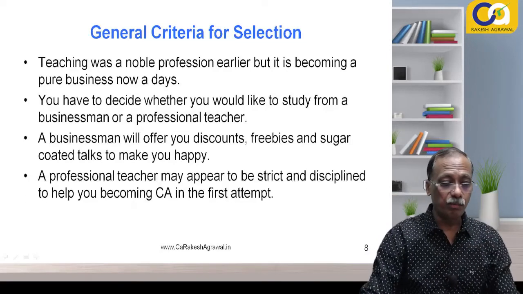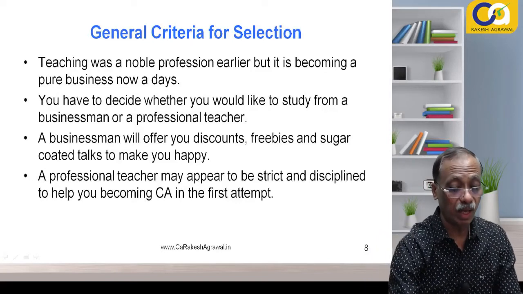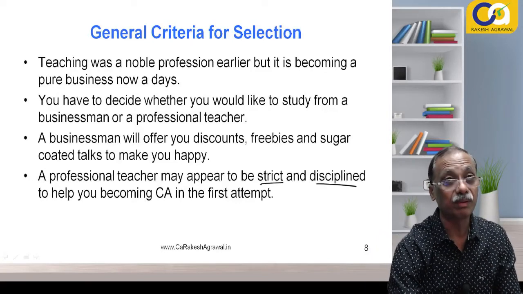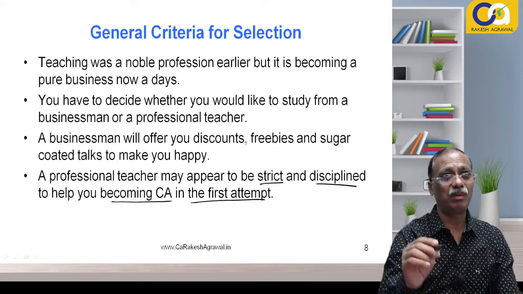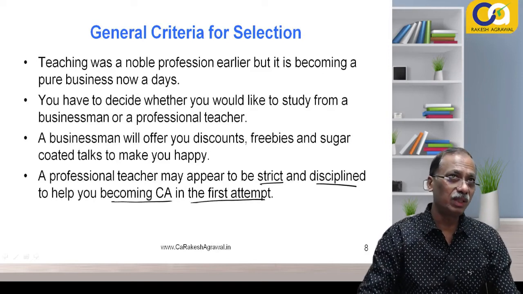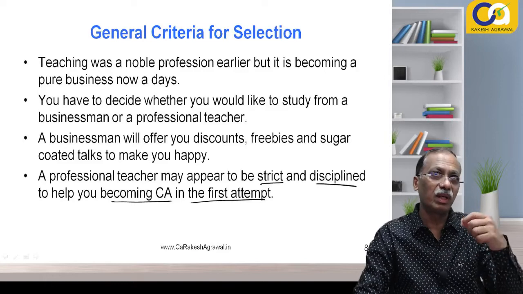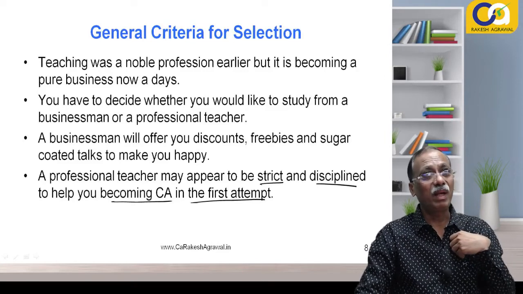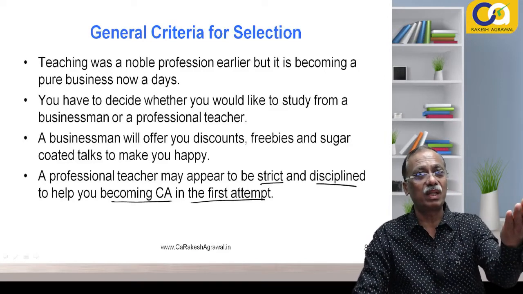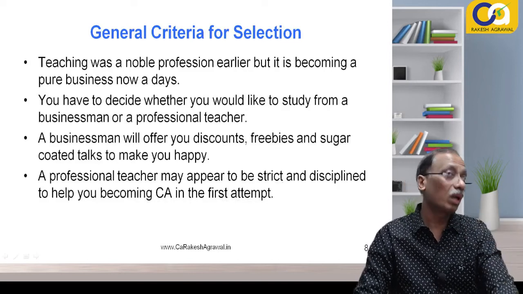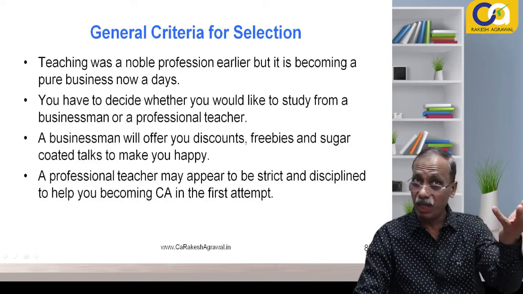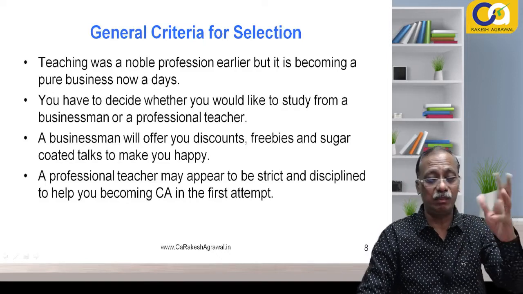And the drawback of a professional teacher is that the teacher will appear a little strict and disciplined, like me. But my intention is that you should get through the CA exam in the very first attempt. That disciplined nature is sometimes not liked by the students. That may happen. So there are always pluses and minuses.